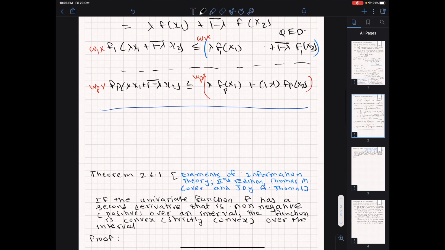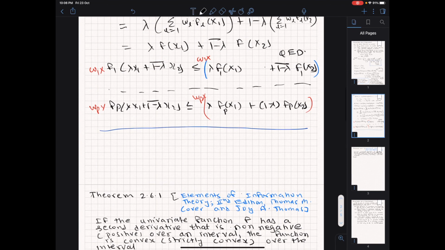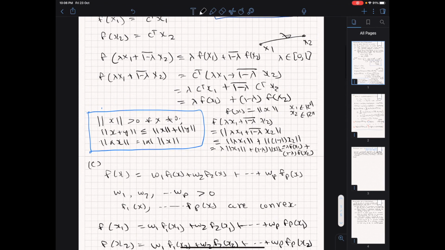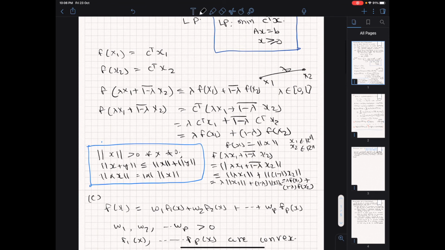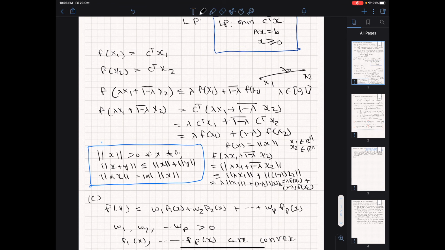Well, C transpose, when I expanded it here for the linear function, it came out as equal to, right? Because it came out as equal to, the statement that this is less than or equal to is also valid, and the statement that it is greater than or equal to is also valid.